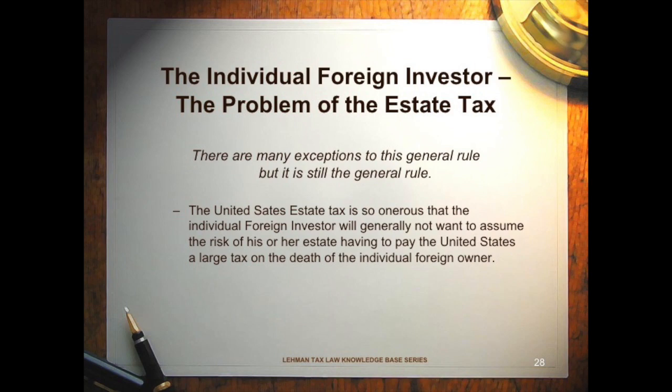We've covered the source of income rules. Now we're going to look at what happens to a foreign investor under the U.S. estate tax laws. Now, we don't have all these rules of residency when we talk about the foreign investor for estate tax purposes.